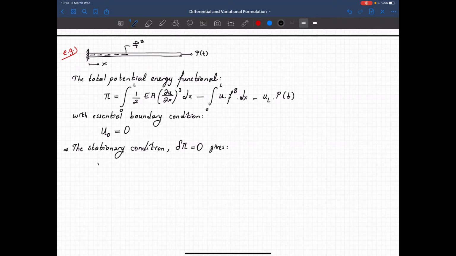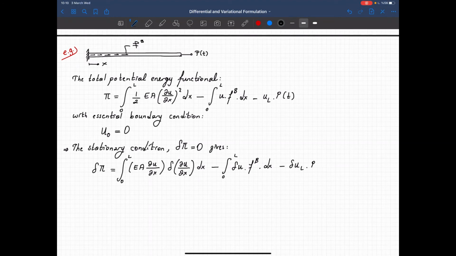So I'm taking the first variation, that's equal to the integral of EA del U over del X multiplied by the variation in del U over del X dx, minus, again from 0 to L, the variation in the displacement multiplied by the body force integrated over the length, and the variation in displacement at L multiplied by P must be equal to 0.